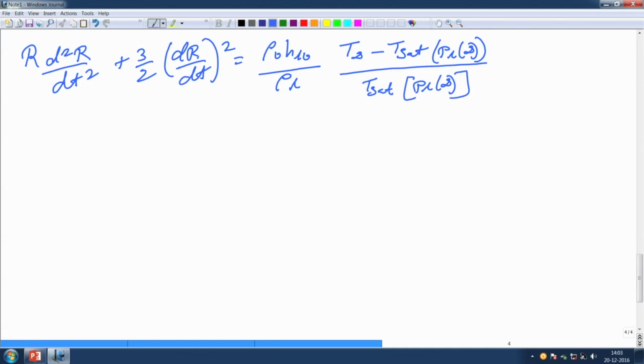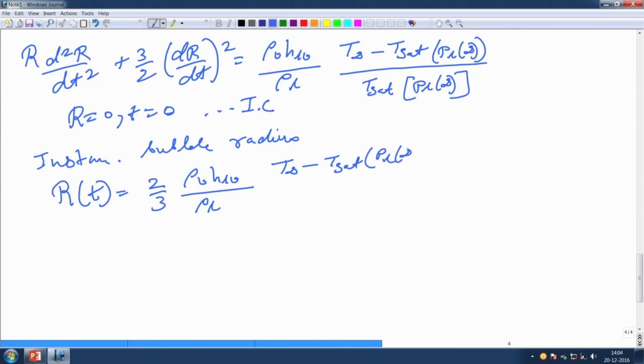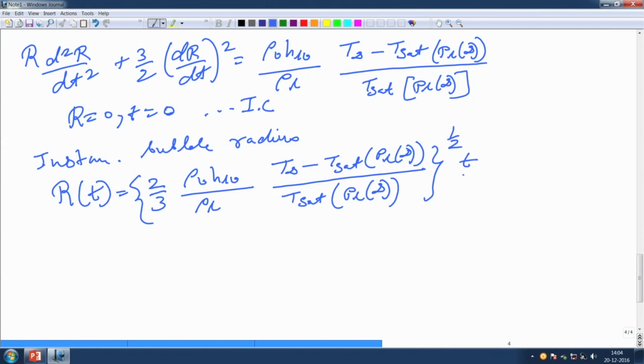Now if you substitute the initial condition, that capital R is equal to 0 at t equal to 0, the instantaneous bubble radius becomes the following. This tells you, if you look at it carefully, that this is a linear function of time.